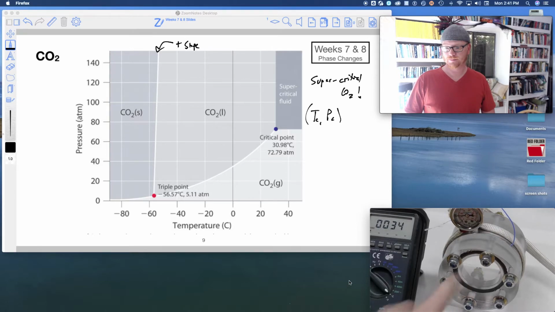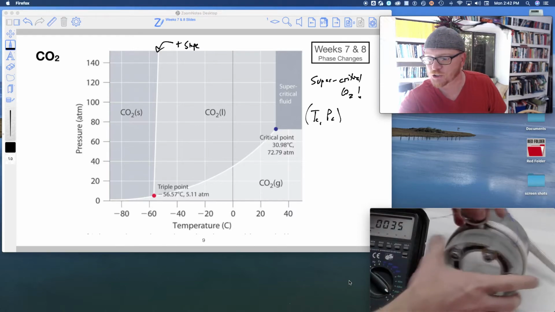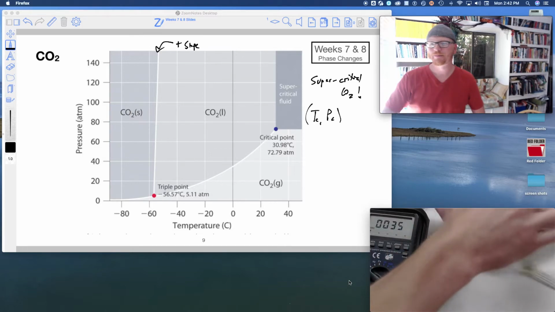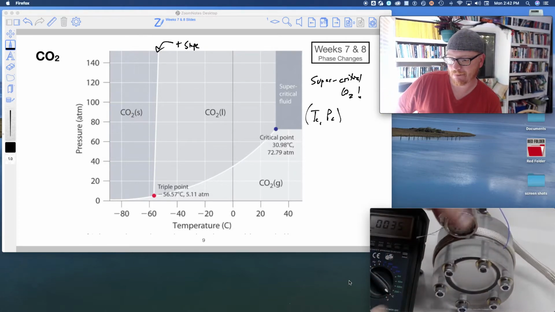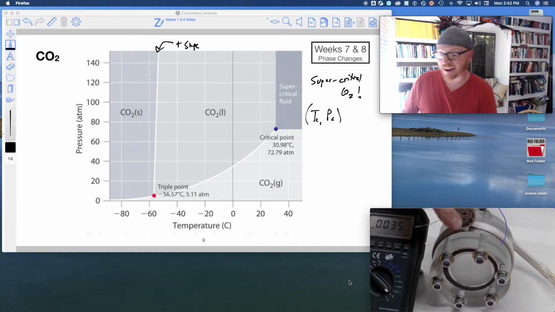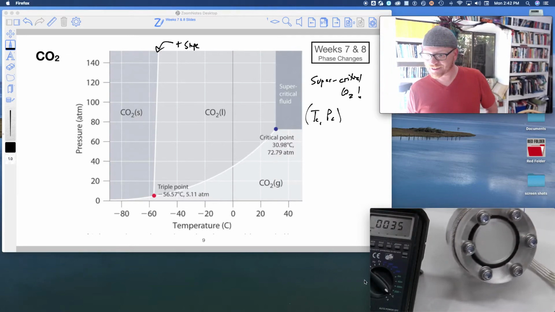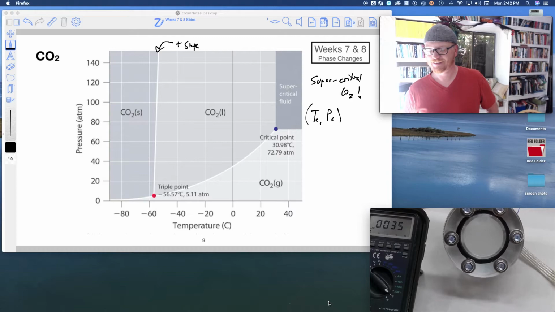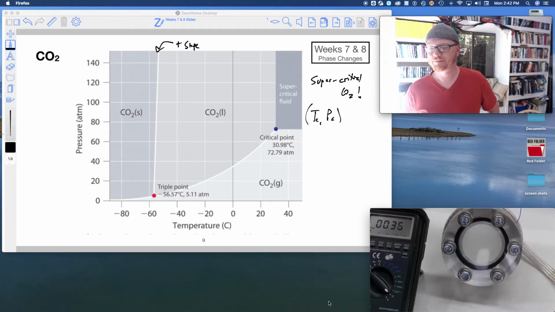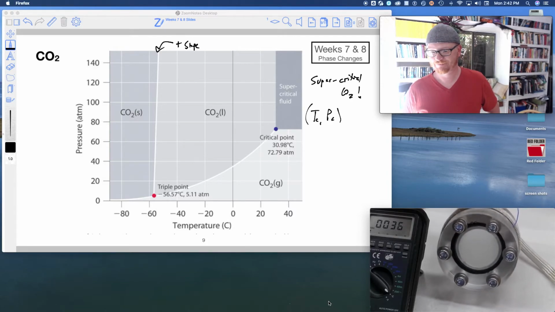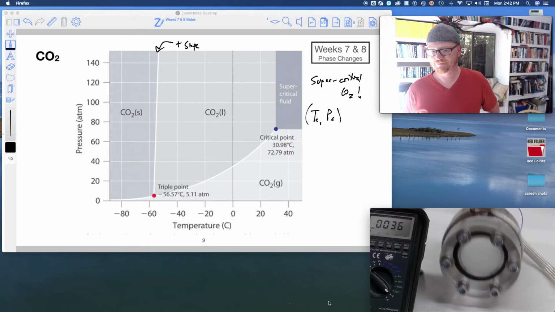You can still see some density changes in the liquid there, but at this point there's no more bubbles, and the transition from the liquid to the gas phase is almost gone. Oh, and look, the pressure's going up. I saw the scale go up. Look at that. The boundary is gone. As you can see, something interesting has happened. There's no more dividing line between liquid and gas inside there.